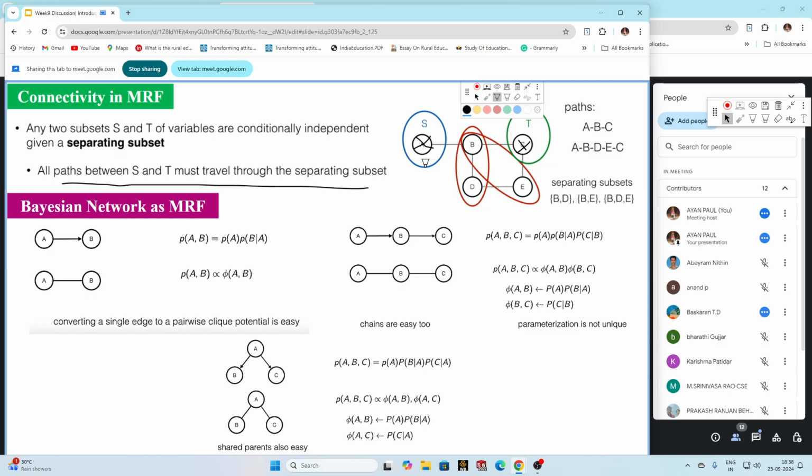But what the Markov property tells us is, if all the neighbors are given, then D is also blocked. What are the neighbors of B?